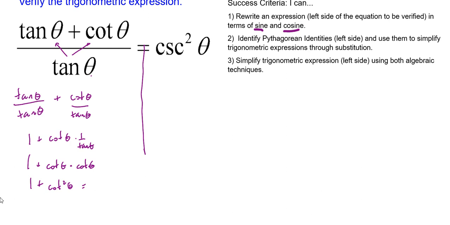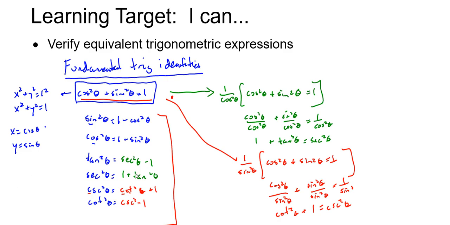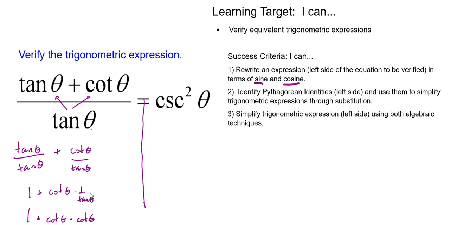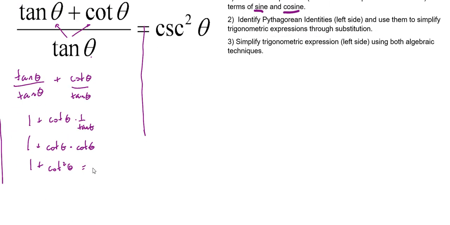Going back, 1 plus cotangent squared of theta is equal to cosecant squared of theta. And what we just did was verify that this equals what we wanted. So using algebraic techniques, we can simplify this, and otherwise putting everything into sine and cosine.